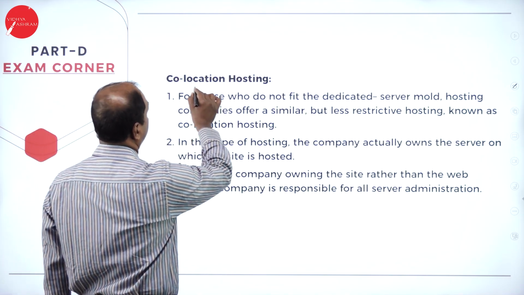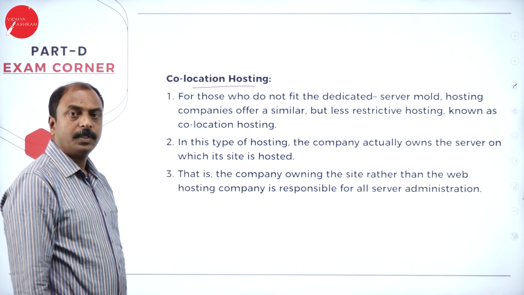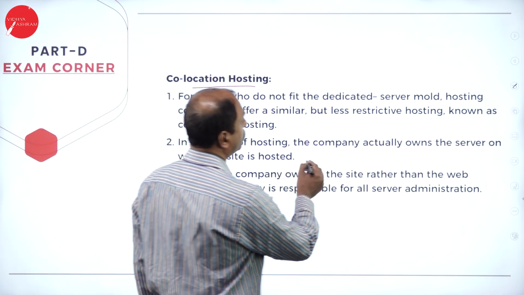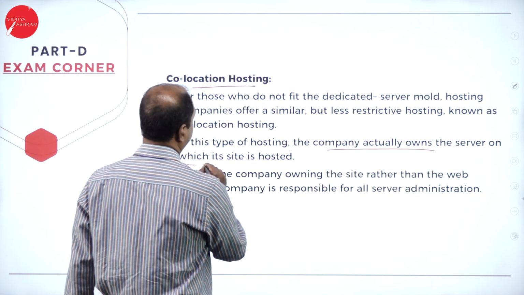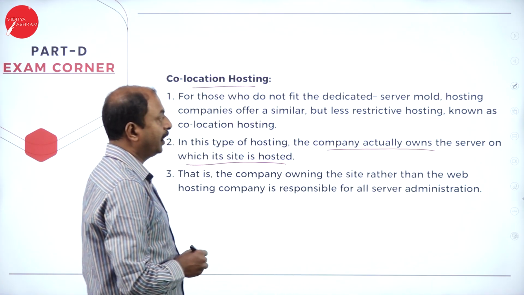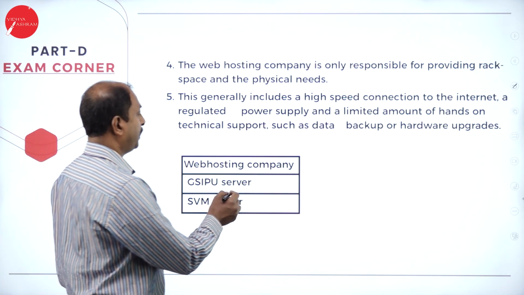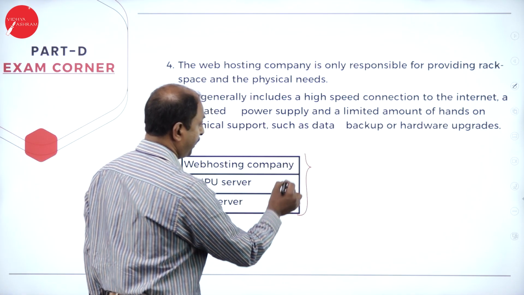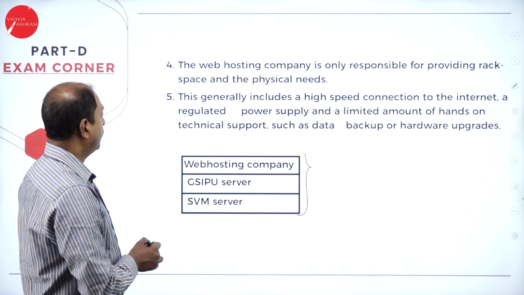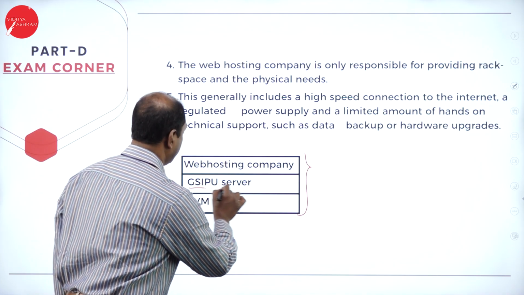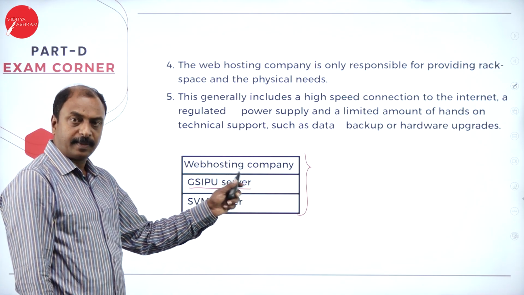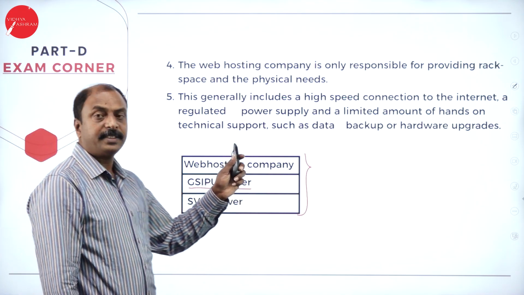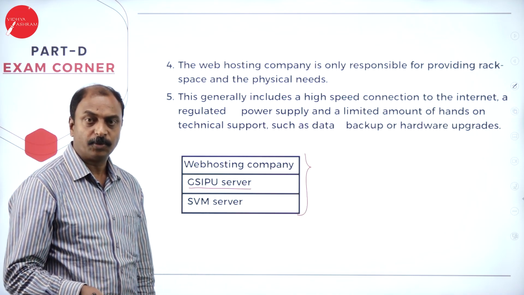Next, co-location web hosting. In this type, the hosting company actually owns the server on which its site is hosted. If you look at the example here, this is a web hosting company with the server, and any organization or institution has its server at the web hosting company's location.